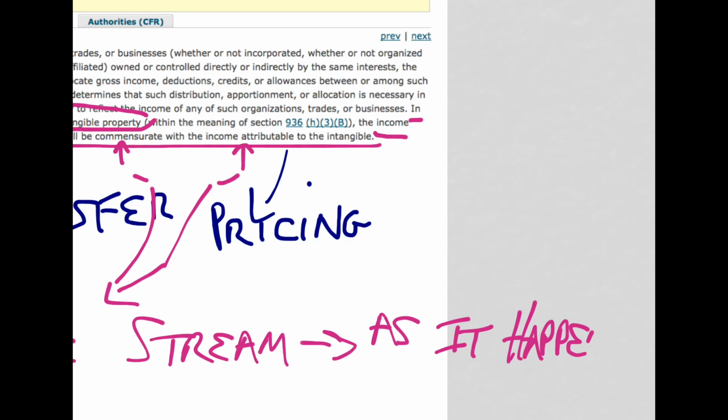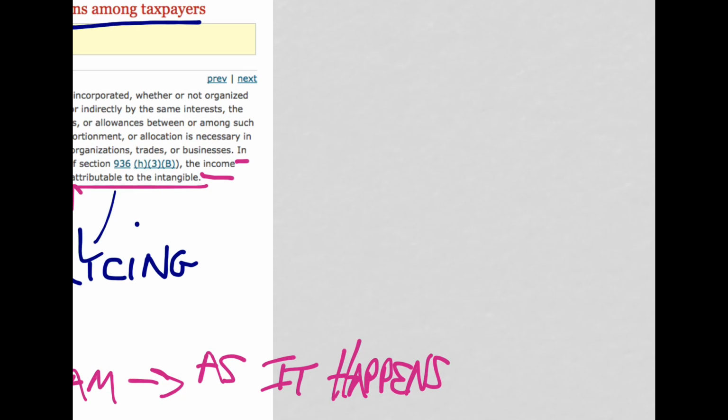I'll explain. Usually, when we make the valuation of this transfer of, say, IT property, intellectual property, usually we would make that based on the present value of future cash flows.